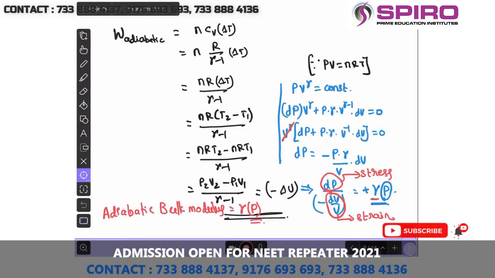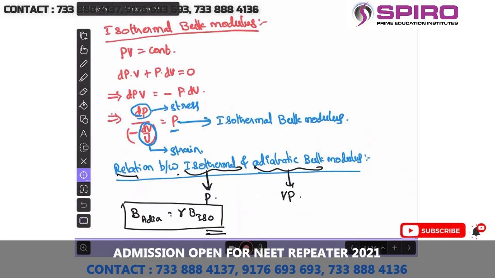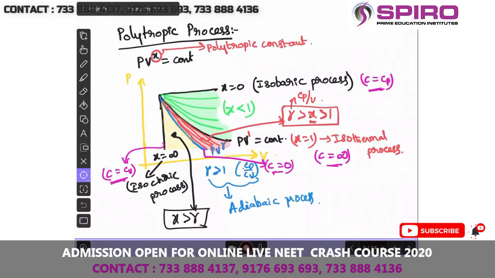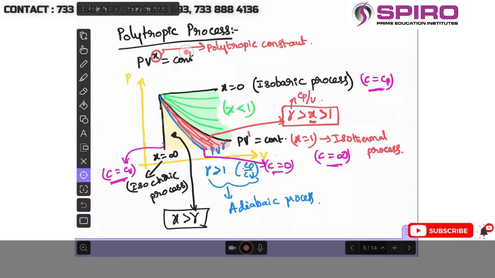And now let us go for isothermal bulk modulus, and on differentiating you will get the pressure is taken as the isothermal bulk modulus, and adiabatic polytropic process, and the general PV equation is PV power X is constant, X is polytropic constant.